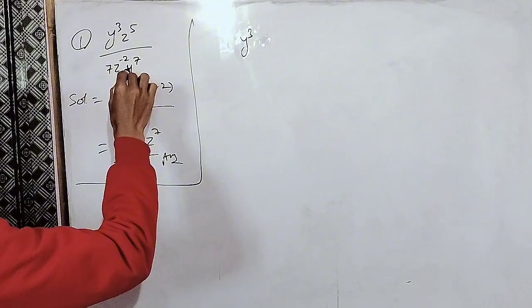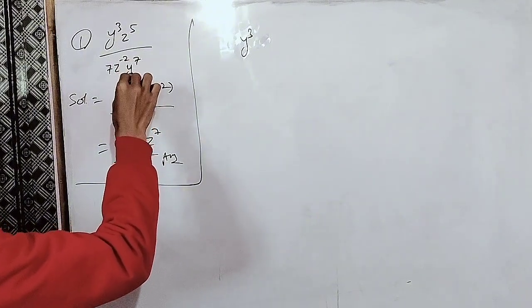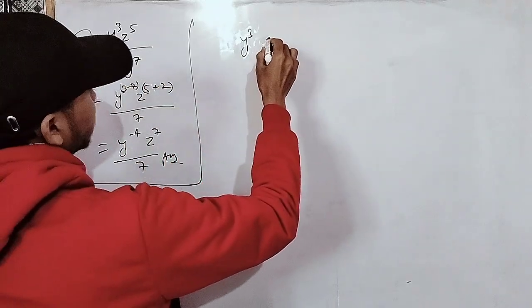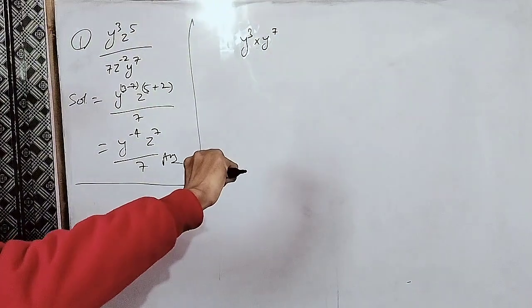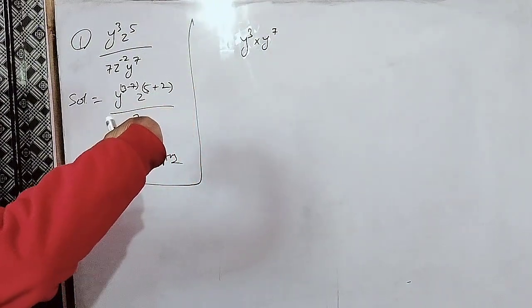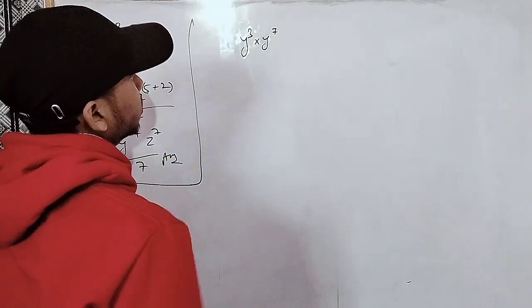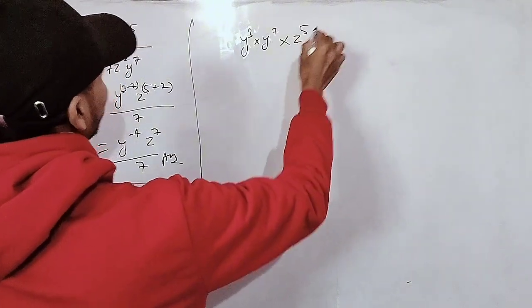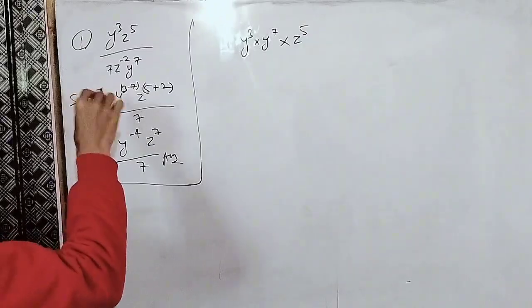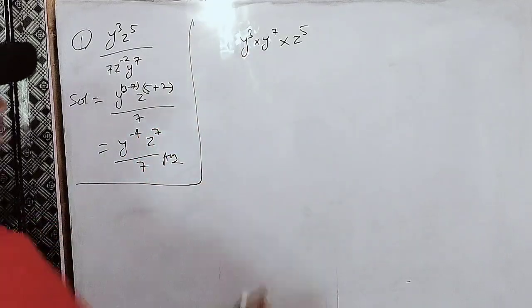So here 1 by y7. So can we write y7? We just changed our position of y7 into denominator, and then we have z5, and then in denominator we have z with a negative 2 exponent.